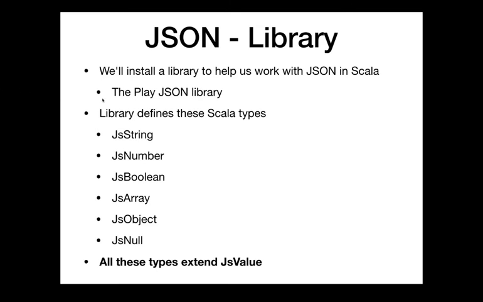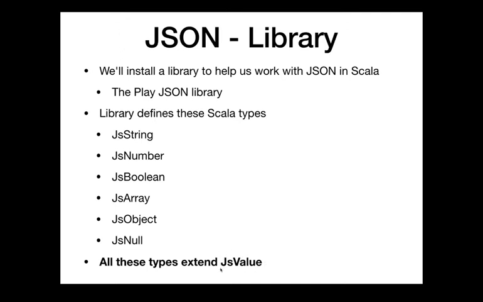So this Play JSON library defines the 6 types that we need as Scala types that are going to represent the 6 JSON types. We have these 6 types, all as classes, and they all extend JsValue.